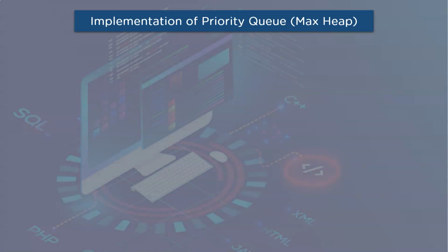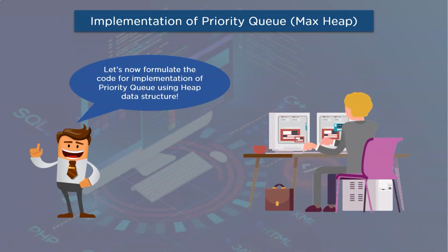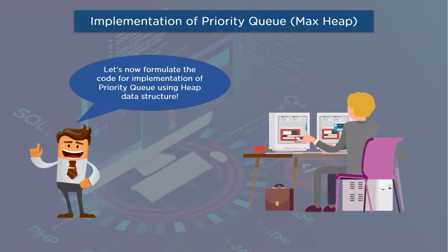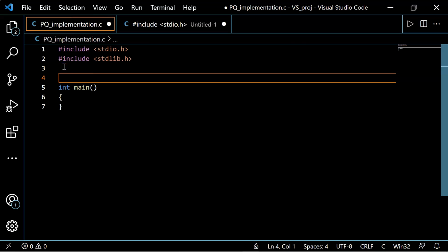Now moving further, we will visit the code editor to implement priority queue data structure using C programming language. Previously, I mentioned that heap is implemented using arrays. So, to begin with heap implementation, primarily we will create a structure consisting of different variables needed to implement heap data structure.